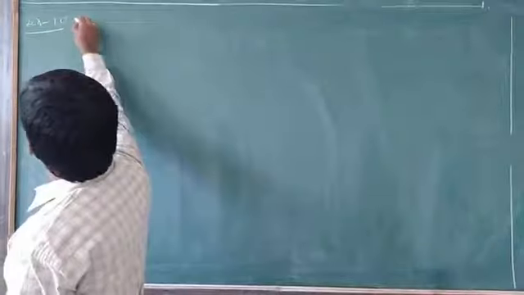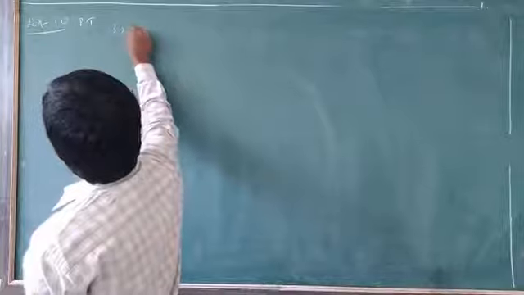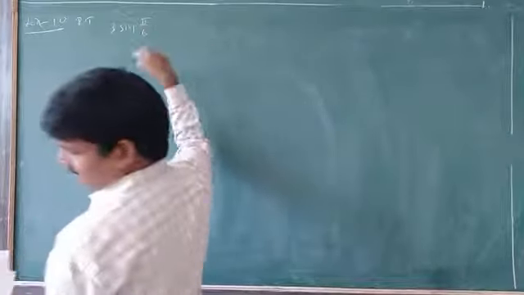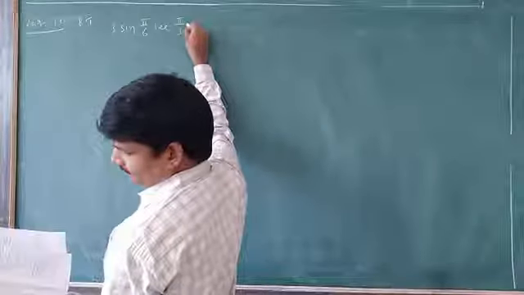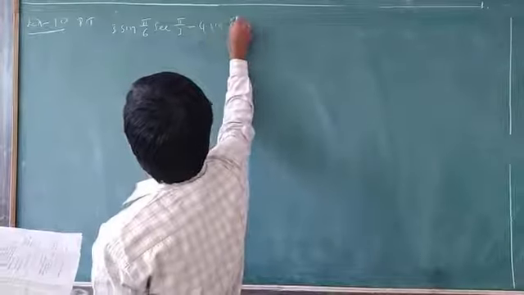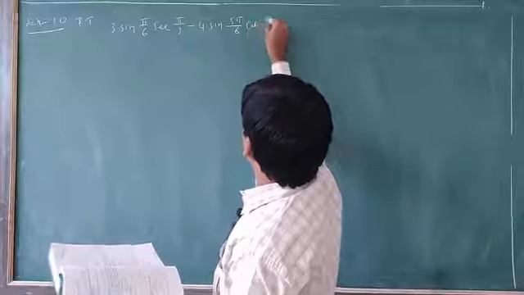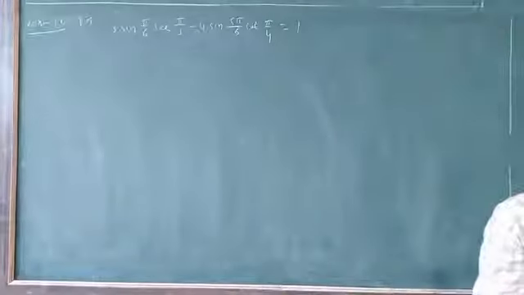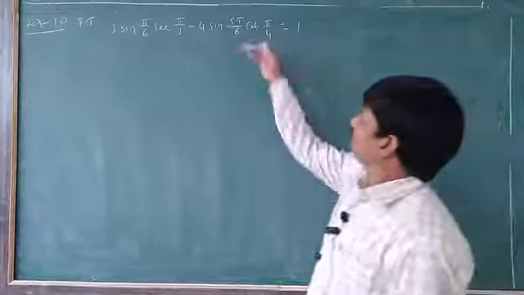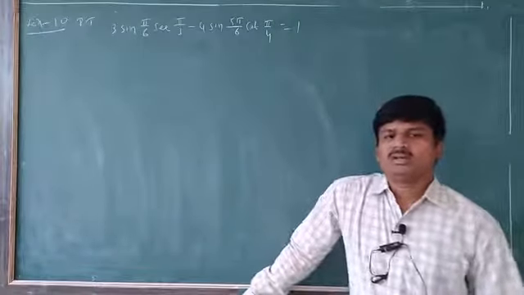Prove that 3 sin pi by 6 secant pi by 3 minus 4 sin 5 pi by 6 cot pi by 4 is equal to 1. We have to prove this value is equal to 1.